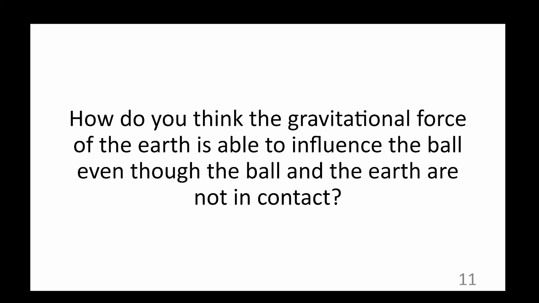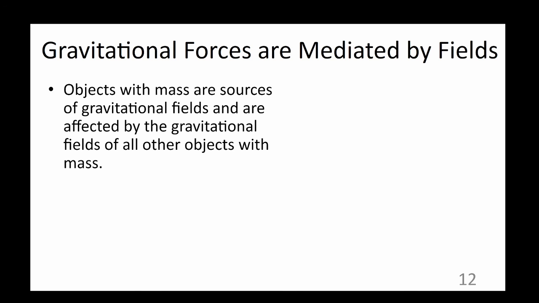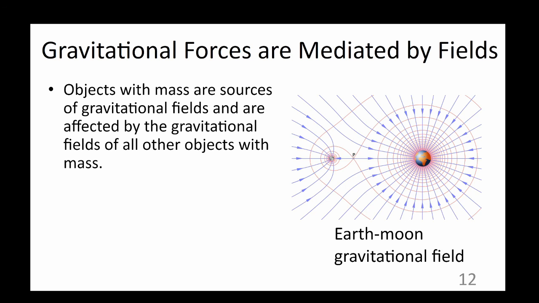You can check out the other videos provided along with this one to explore these ideas further, especially Newton's Law of Universal Gravitation, which tells us what happens but doesn't really explain why. So, how does gravity actually work? The idea is that objects with mass are sources of gravitational fields.